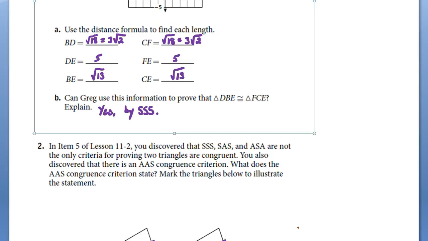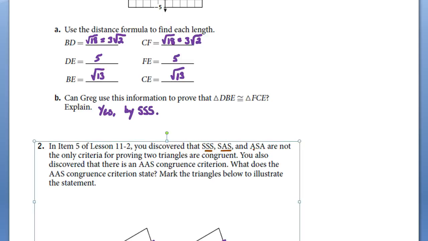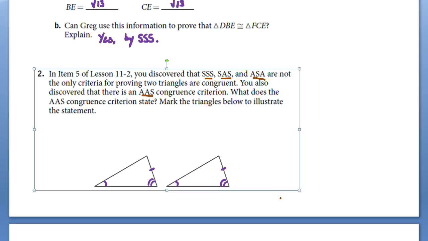Now in number 2, in item 5 of a previous lesson, we discovered that there was SSS, SAS, and ASA, and that there was another one that worked called AAS, but we hadn't yet proved that that worked. So what does the AAS congruence criterion state? Mark the triangles below to illustrate what this abbreviation might mean.